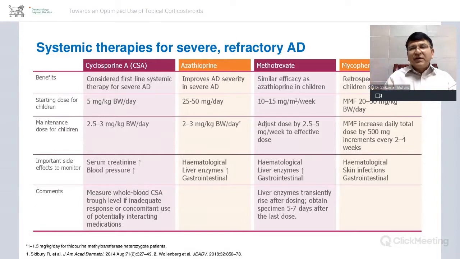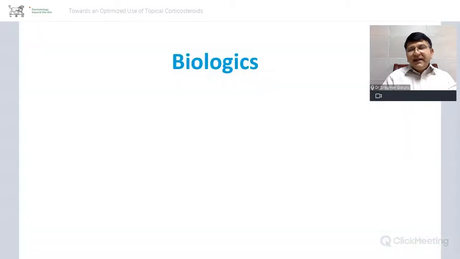Rather, it's better to talk about dupilumab, which is a licensed medication for moderate to severe atopic dermatitis in adults and adolescents, and severe atopic dermatitis in children, which might possibly get approved even for people younger than 6 soon. So the scenario has changed totally, and we are now into the area of biologics.